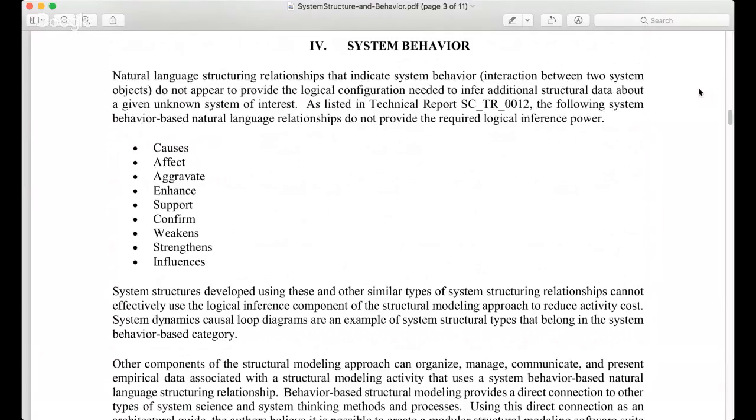So the outcomes appear to be non-deterministic in these cases. And these are the areas where we're planning on applying some more advanced types of knowledge management techniques to assist in reducing the cost of determining the system structure that's based on these types of natural language system behavior.